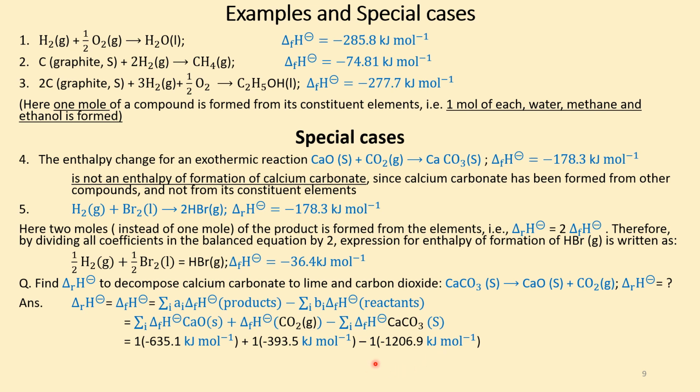Therefore, from the tables we can find the values: ΔfH° of CaO equals 1 into minus 635.5, plus 1 mole into minus 393.5 kilojoules per mole, minus minus 1206 kilojoules per mole. Therefore, its value is 178.3 kilojoules per mole.